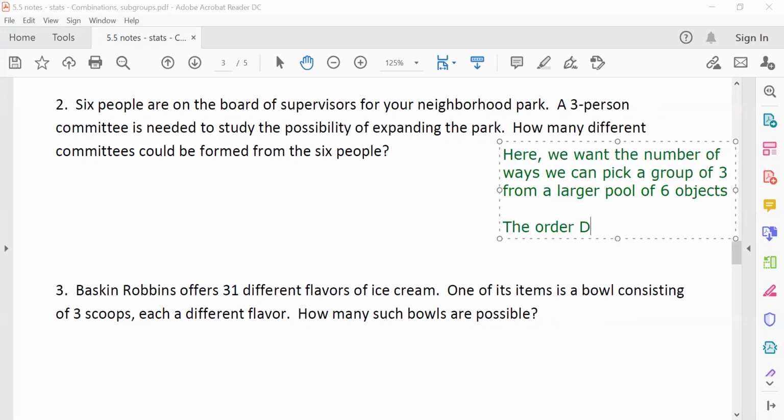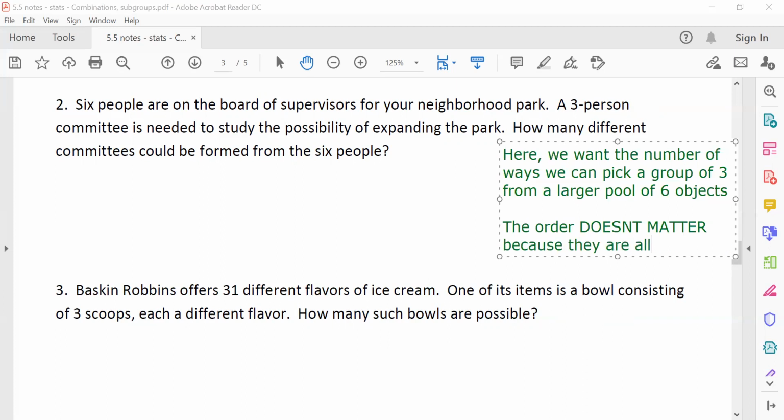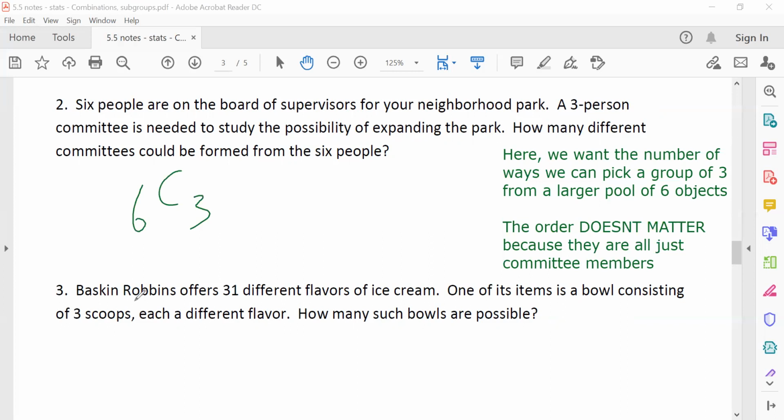The order doesn't matter because they are all just committee members. Once we choose them to be on the group of 3, you're a committee member, you're a committee member, you're a committee member. There's no different ranked positions, if you will. So this is going to be a combination, just 6C3, which is going to be 20.